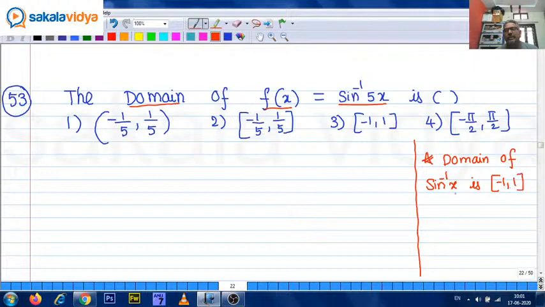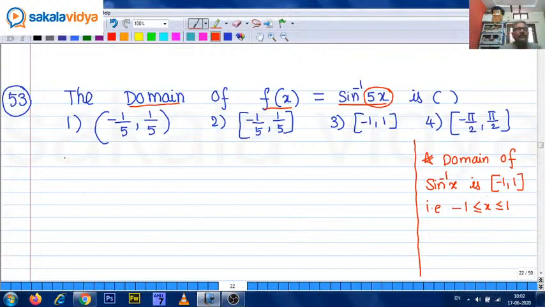You remember that means x takes values from minus 1 to 1, because the range of sine x is minus 1 to 1. The range of sine x becomes the domain of sine inverse x. So we can write minus 1 less than or equal to x less than or equal to 1. But here we have 5x, so 5x should lie between minus 1 and 1.